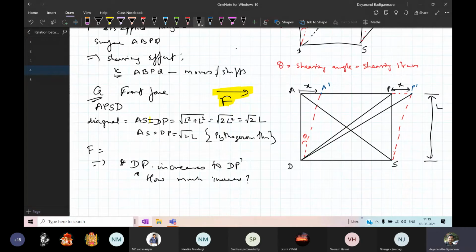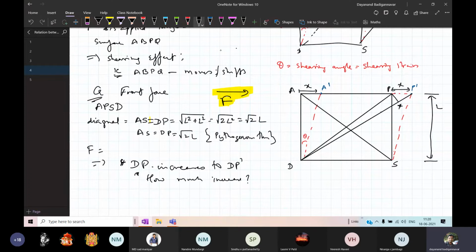To find the increase, what I have to do is draw a perpendicular from P to the new diagonal. This is the perpendicular I have drawn. So the new perpendicular. This is P Y. This is PX.